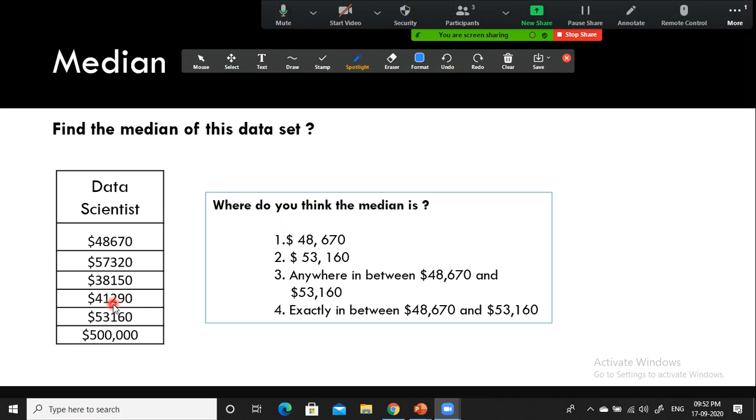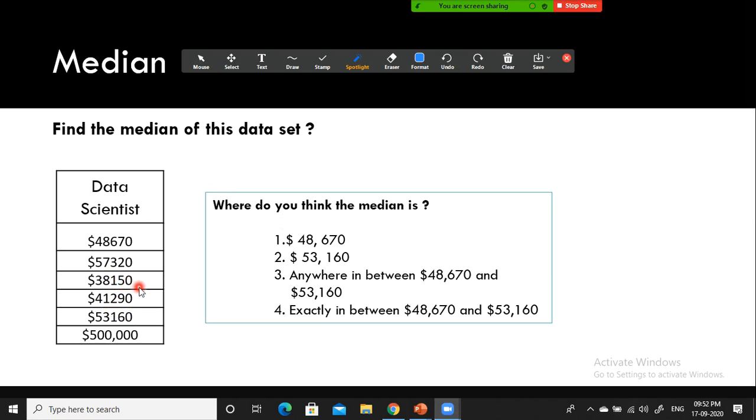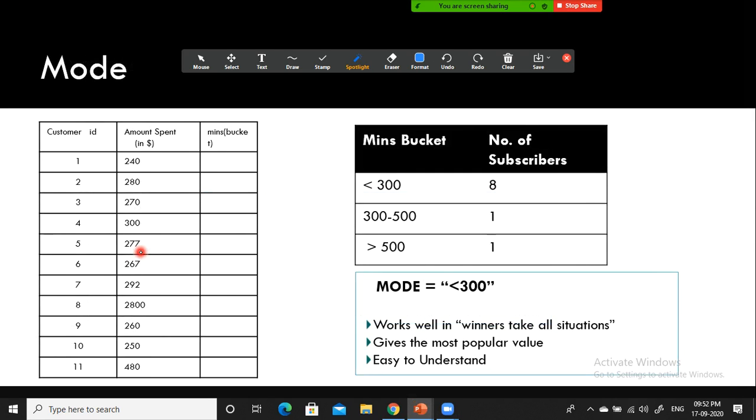So here, we have to sort the data in ascending order to find out the median. The least value is 38,000. Same example, right? 38,000.